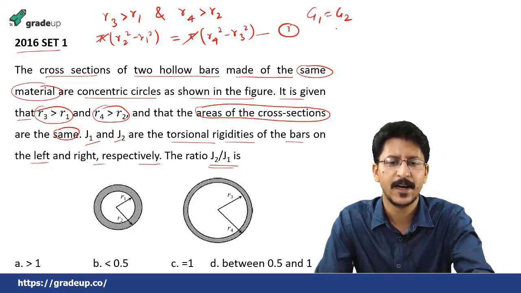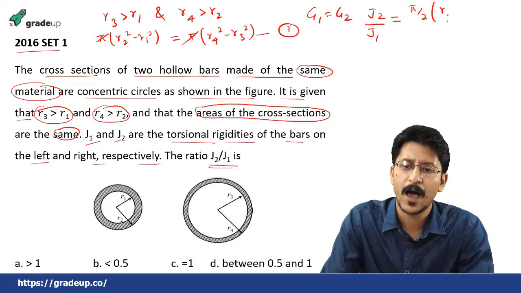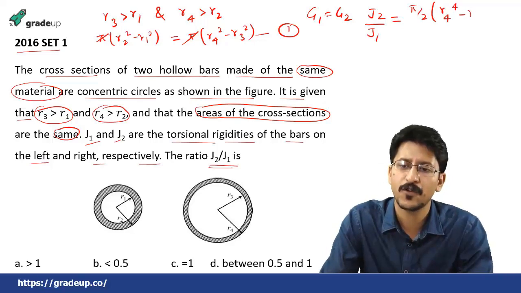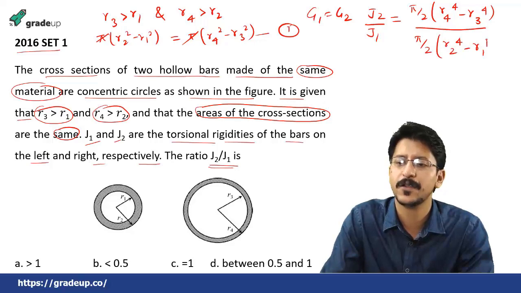And next thing, it is asking about the ratio of J2 by J1. So J2 by J1 is simply pi by 2 (R4 to the power 4 minus R3 to the power 4) divided by pi by 2 (R2 to the power 4 minus R1 to the power 4).